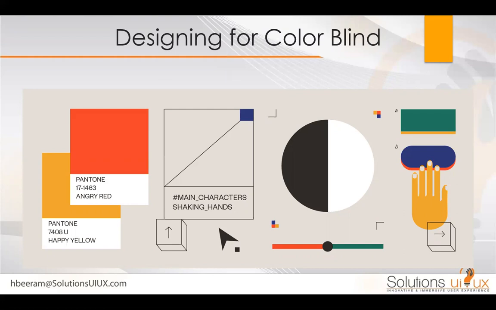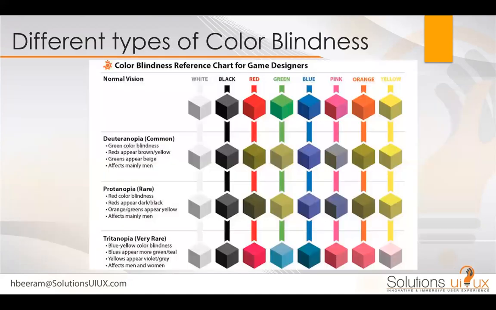There are different levels of color blind, and using different colors is going to be helpful. In this section, you will see that a person with normal vision can see all these colors very perfectly. But a person with this kind of color blind, I don't even want to attempt to say these technical words for this kind of color blind.